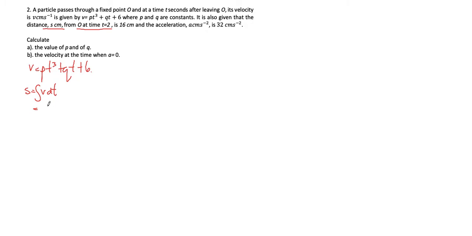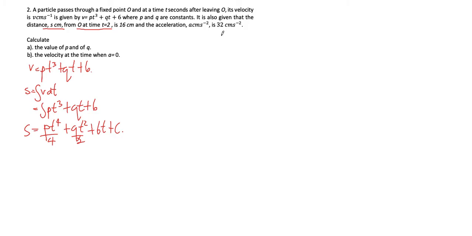So to do this, I'm going to integrate pt cubed plus qt plus 6, which will give us pt to the power of 4 over 4 plus qt squared over 2 plus 6t plus c. Don't forget plus c.